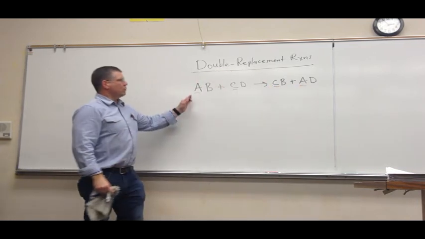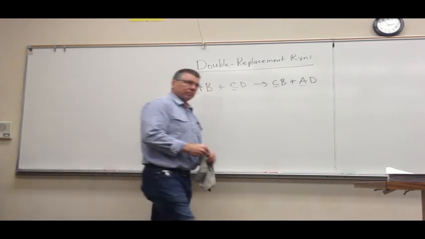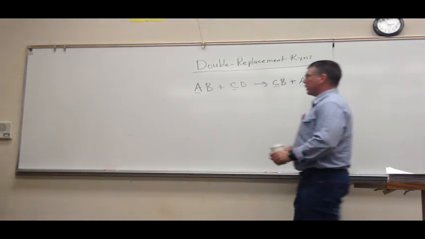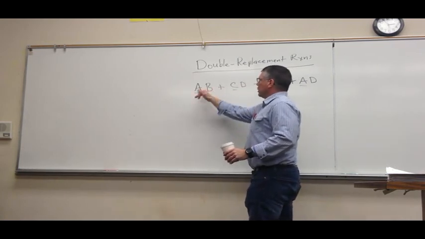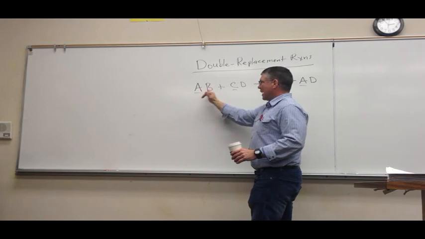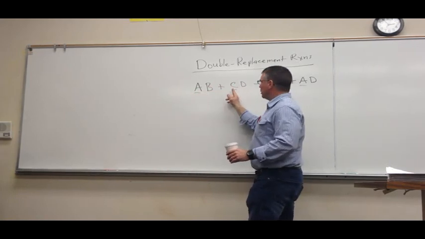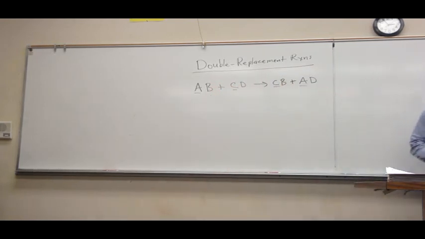The underlined ones would be the cations, the others would be the anions. So what happens in a double replacement reaction is that on the reactant side, the cations switch anions, right? So B pairs up with D, and on the product side D pairs up with B. See that?